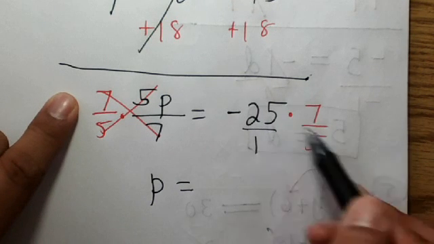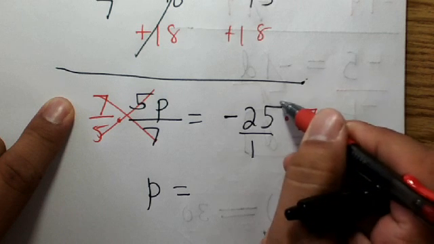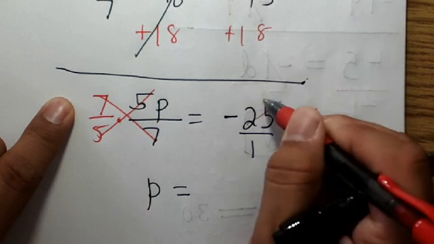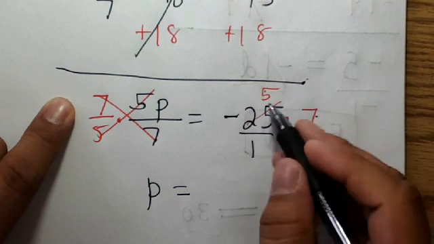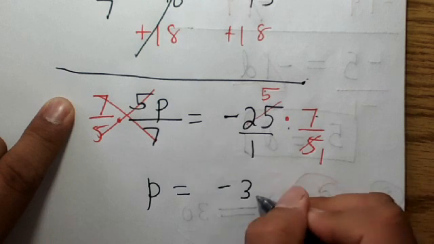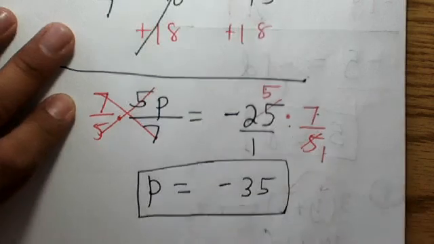Can we reduce? What do we reduce by? 5. So this is 1 and this is 5. What's negative 5 times 7? Very good. Negative 35, and then over 1, so the answer is just negative 35.